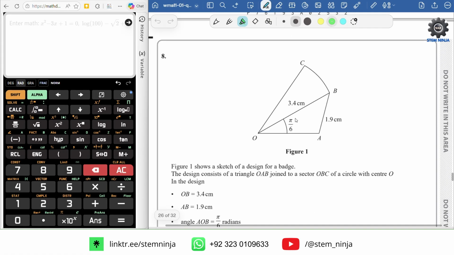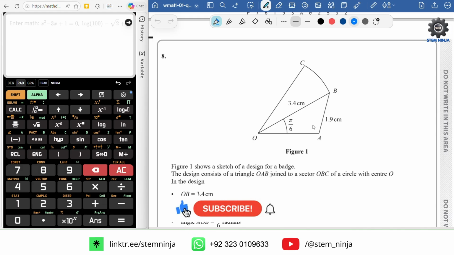So, looking at this triangle over here, we need the angle OAB, so we can use the sine rule because we have one pair of opposite angle and side.